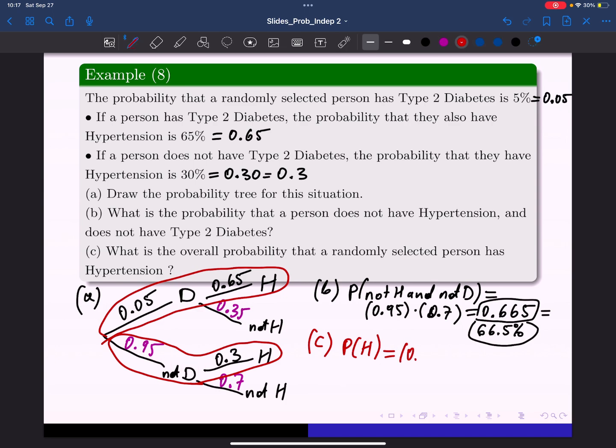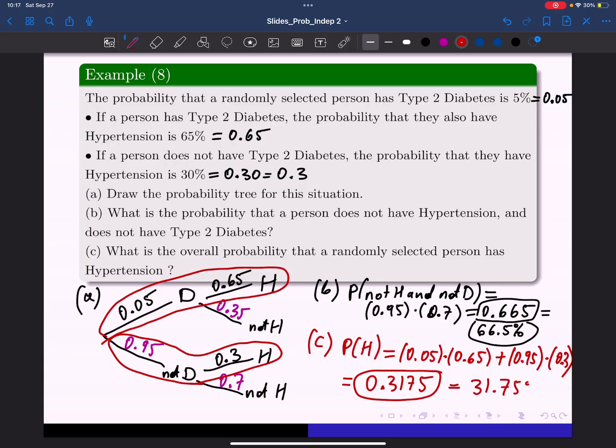So we have 0.05 times 0.65 plus 0.95 times 0.3. First we multiply this branch and then add the multiplication of this branch. Okay, and when we multiply everything together, I'm getting 0.3175. So that's my probability, or we can write it in percentage as 31.75%.